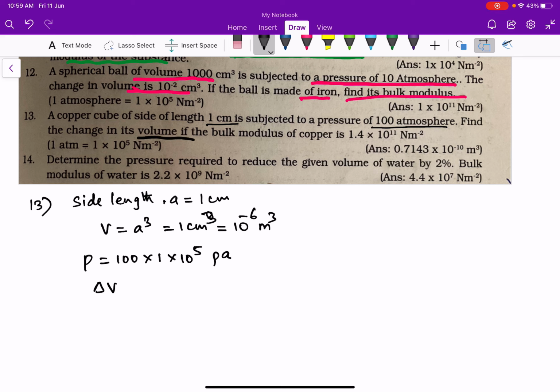What is the change in its volume, delta V, if the bulk modulus is 1.4 into 10 to the power of 11 Newton per meter square or pascals?